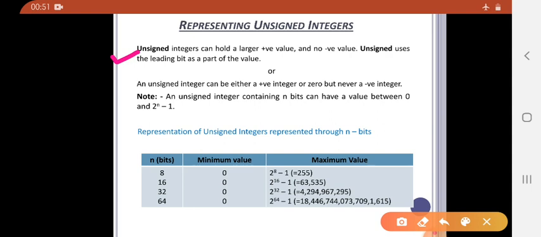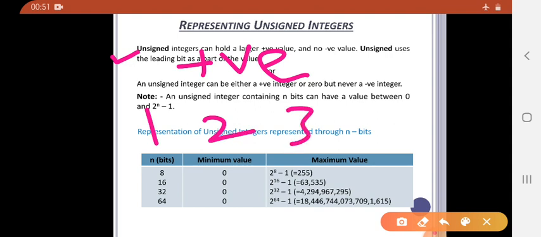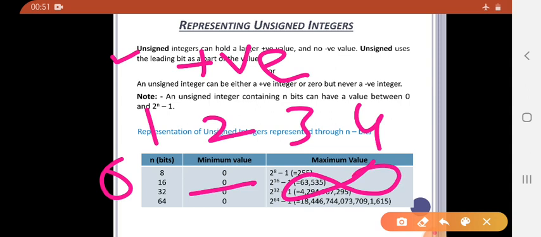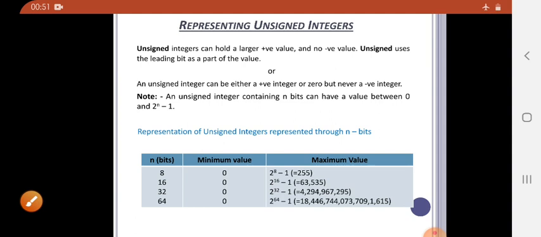That means there will be only positive values, that is 1, 2, 3, 4, 0 up to infinity, but they all have no sign. And it will start from 0. Keep in mind, an unsigned integer can be either a positive integer or 0, but never a negative integer.